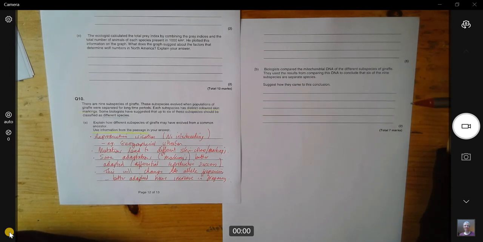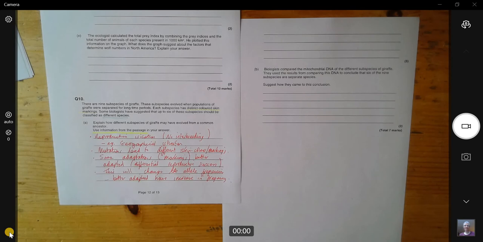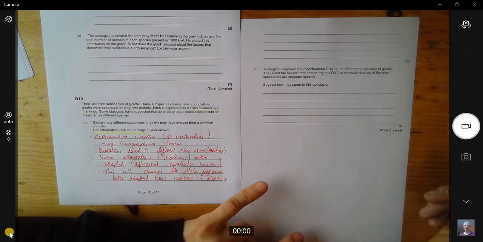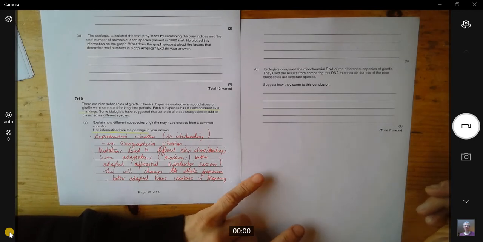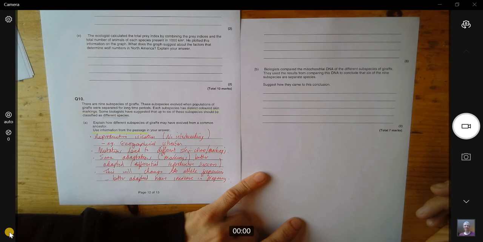Part B. Biologists compared the mitochondrial DNA of the different subspecies and used this DNA to conclude that 6 are separate species. How did they come to that conclusion? We're not asking for anything really technical about the DNA, just that if they're looking at DNA, what are they always looking for?